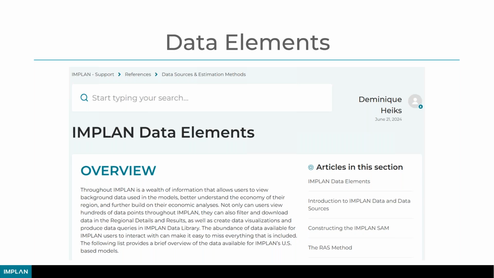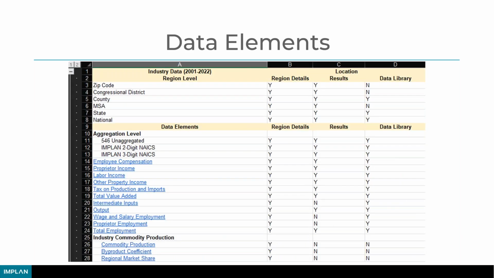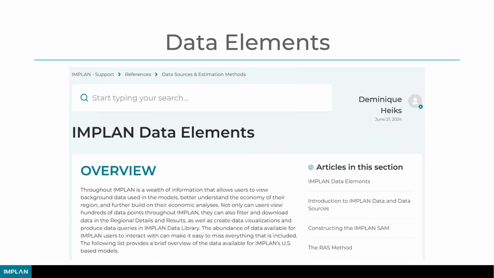One thing that I want to mention is that a lot of what we're going to be talking about today is also available in some way, shape, or form on our support site, support.implan.com. In particular, if you're looking at data elements, you can go to the data elements section, which is in our references data sources piece.